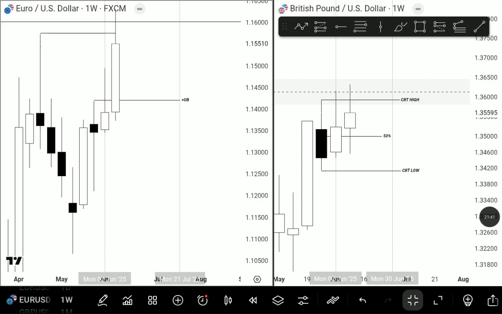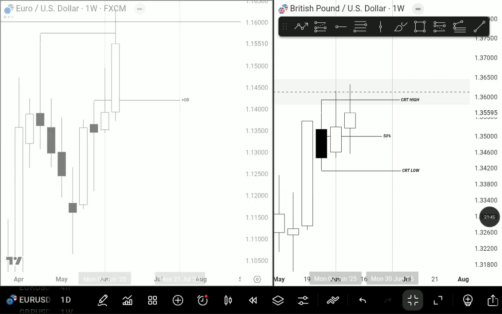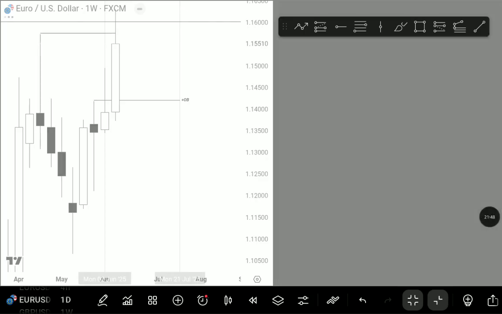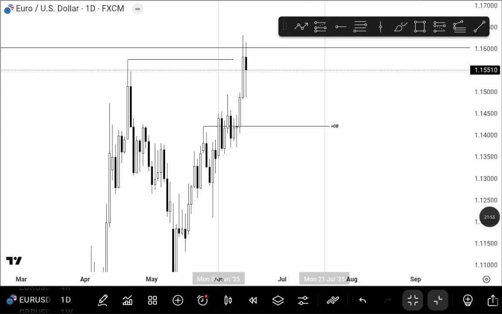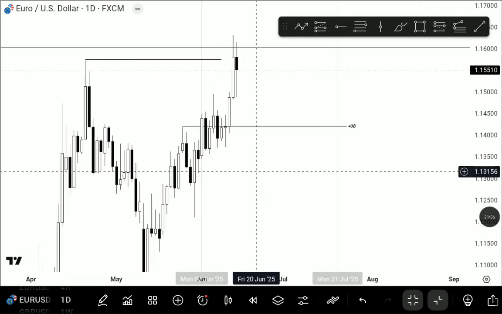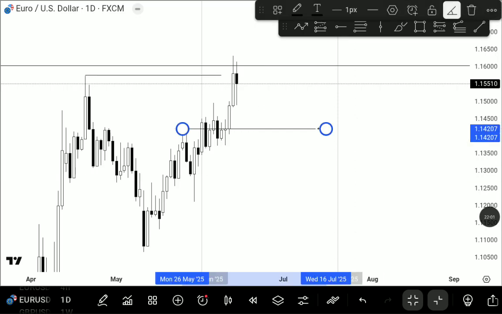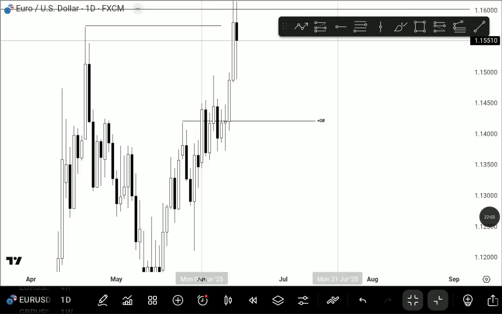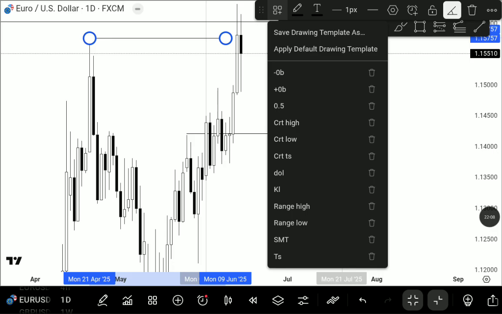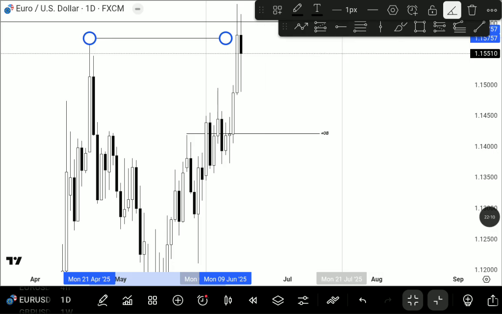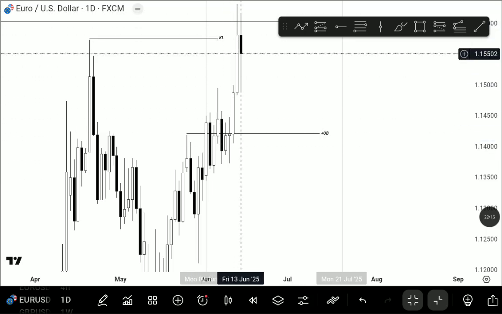So then the next thing that I'm going to be looking at is the daily time frame. Of course, I'm going to start with euro. And on the daily, you can see a much clearer picture of what we're already seeing of the higher time frames. This old high right there acting as my key level, being raged in the form of an expansion profile.